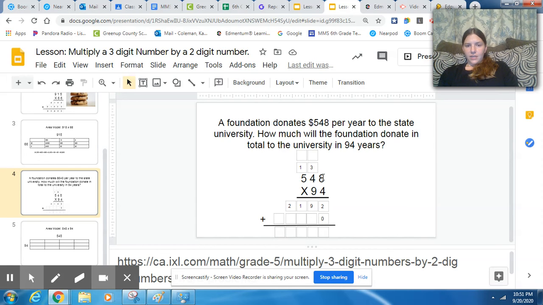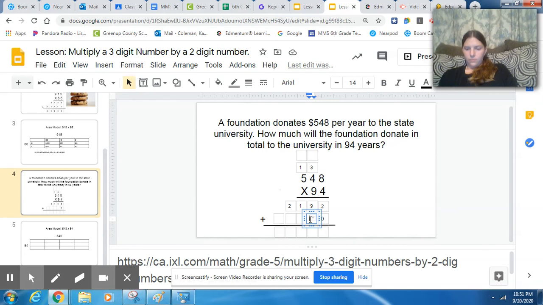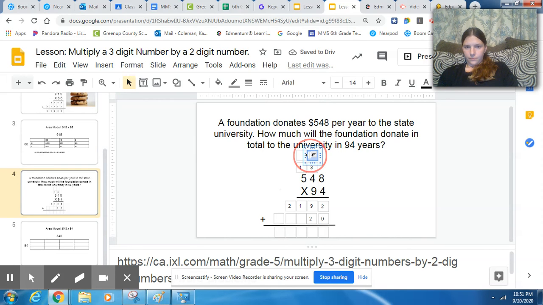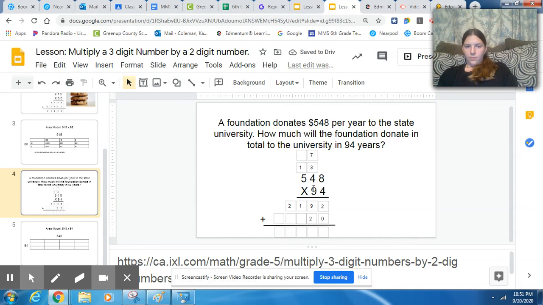So first off, 9 times 8 is 72. I'm going to bring my 2 down and carry my 7. Then I'm going to multiply my 9 by the next digit over, which is 4. 9 times 4 is 36. 36 plus 7 is 43.